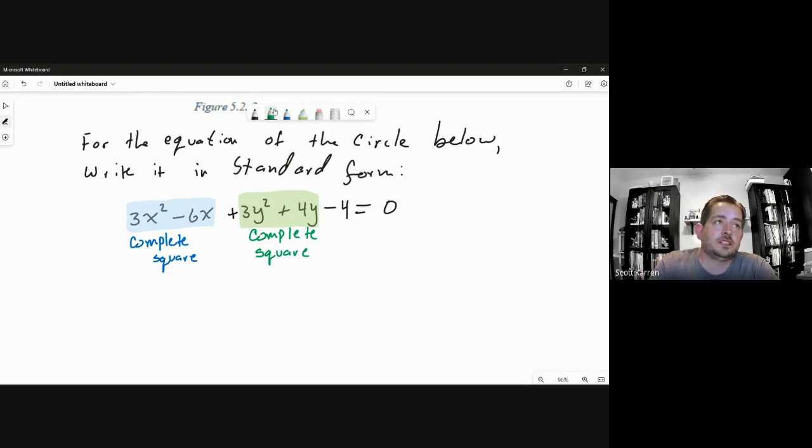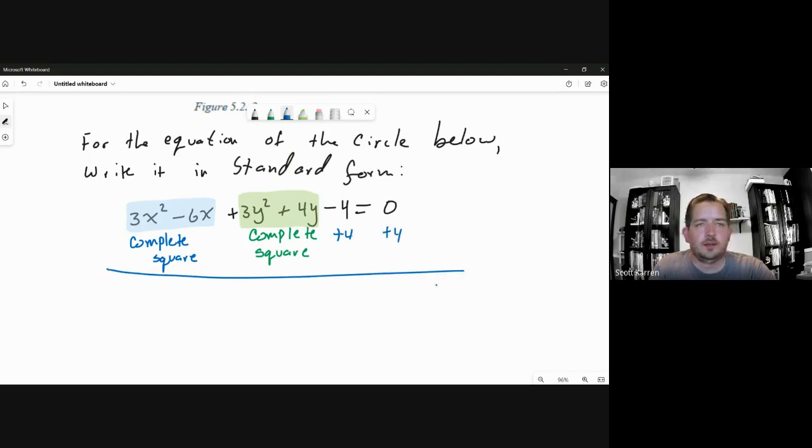So I'll just treat each of these by themselves, and I'm going to take this 4 and just shove it out of my way. Because I have an equation, I can do that. So I'll rewrite this as 3x squared, but I'm going to factor out of this guy. I'm going to take that first coefficient, factor it out to make completing the square easier.